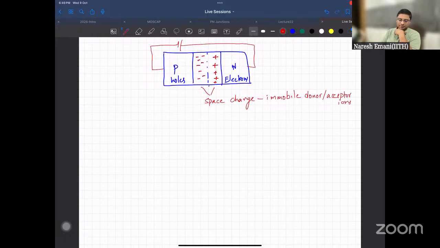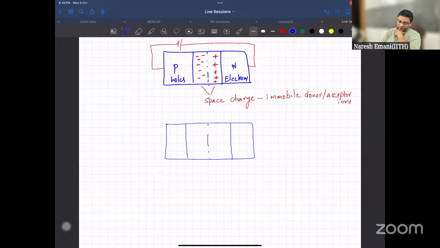Your holes, the majority carriers, end up coming from the edge of the depletion region into the terminal. Here the electrons will come out, and what you end up having is a device with a larger depletion width. So you have a device now like this, wherein the depletion region has become wider.